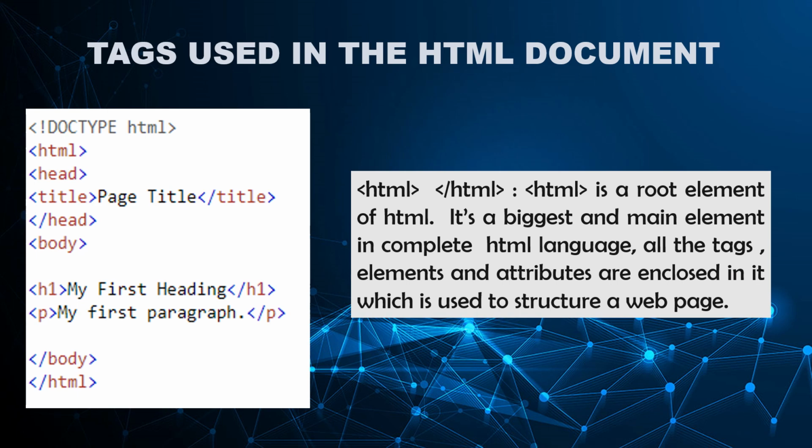It is the biggest and main element in the complete HTML language. All the tags, elements, and attributes are enclosed in it, or we can say are wrapped in it. It is used to structure a web page. The HTML tag also contains a closing tag. The closing tag is usually accompanied by a backslash followed by HTML and is enclosed within angular braces.